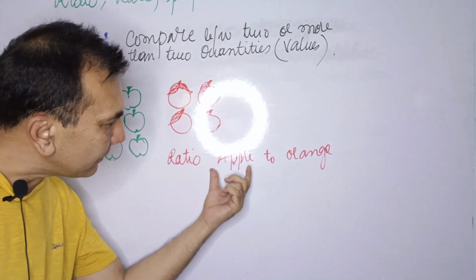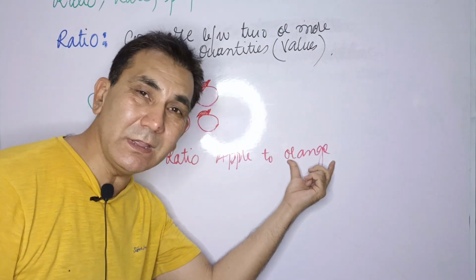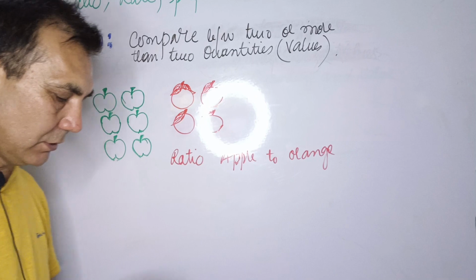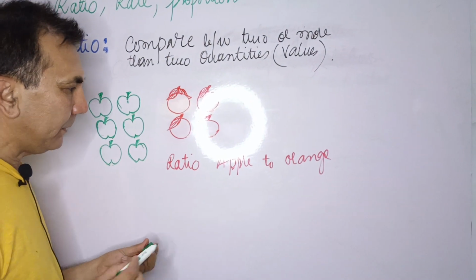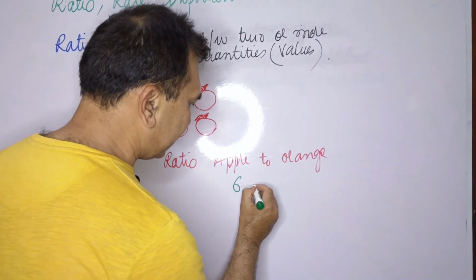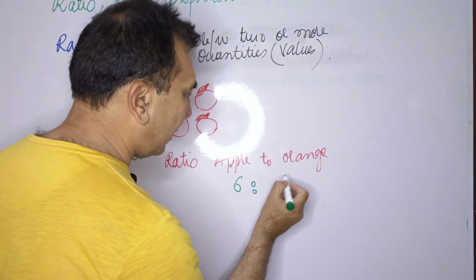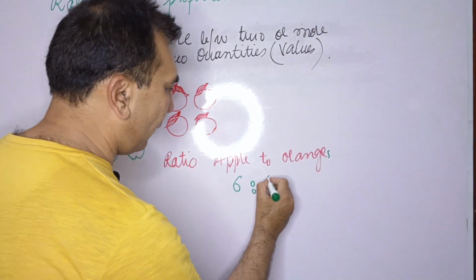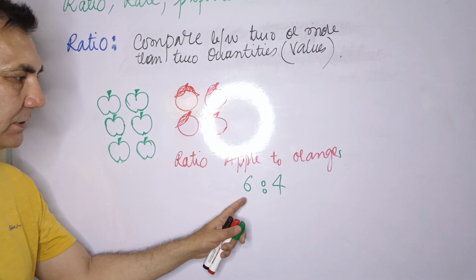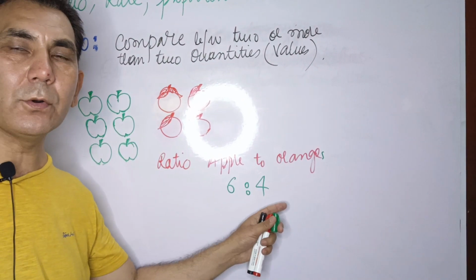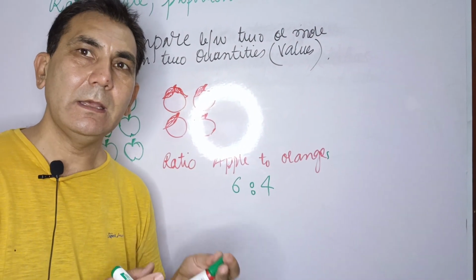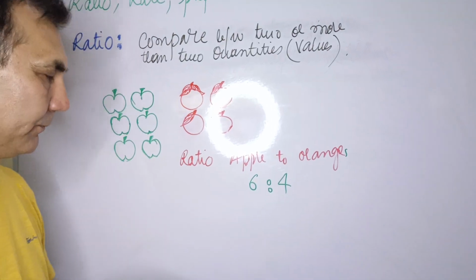I am asking for the ratio of the apple with the orange. Now how many apples are there? 6. And how many oranges are there in the basket? 4. So 6 apples and 4 oranges are present in the fruit basket.